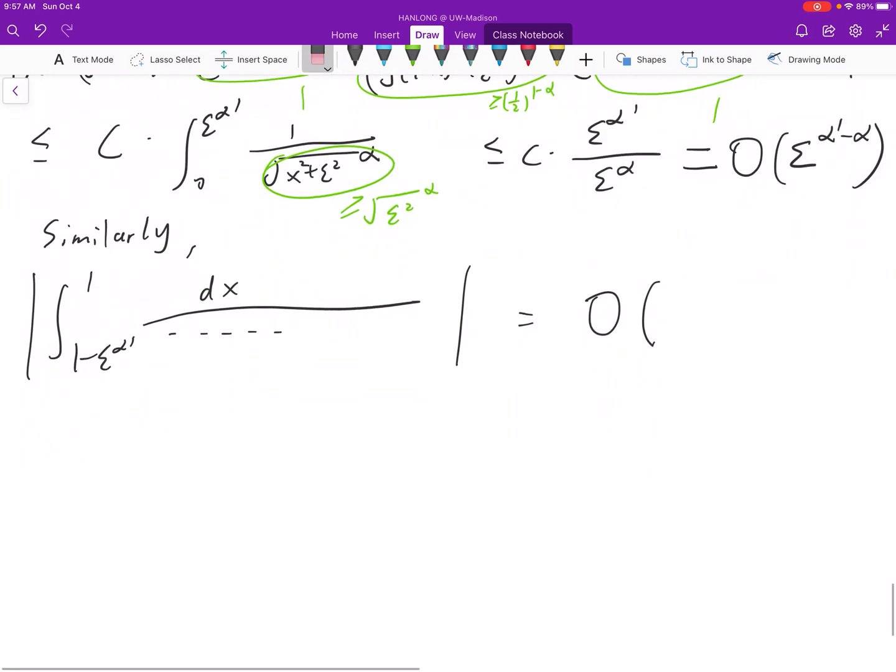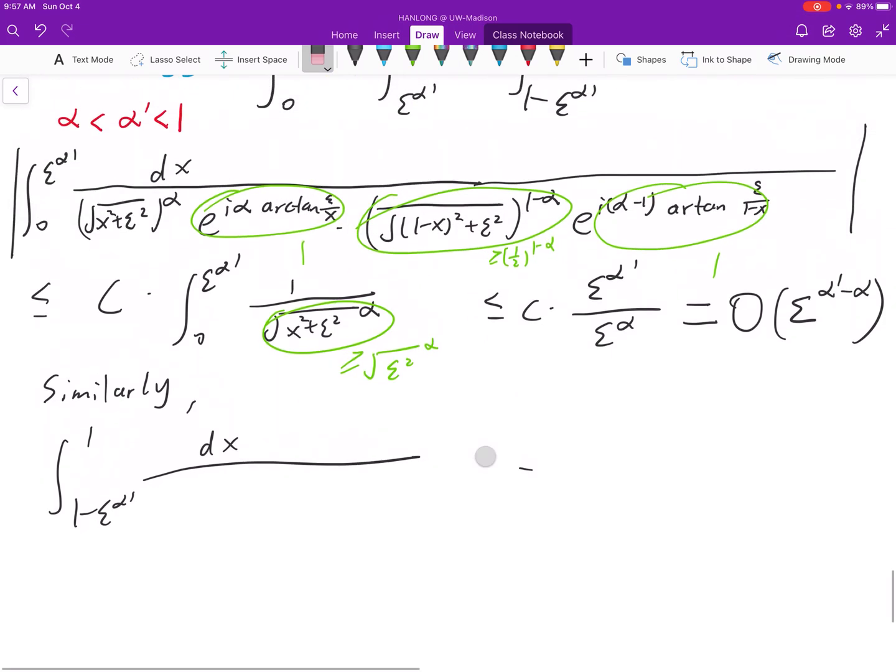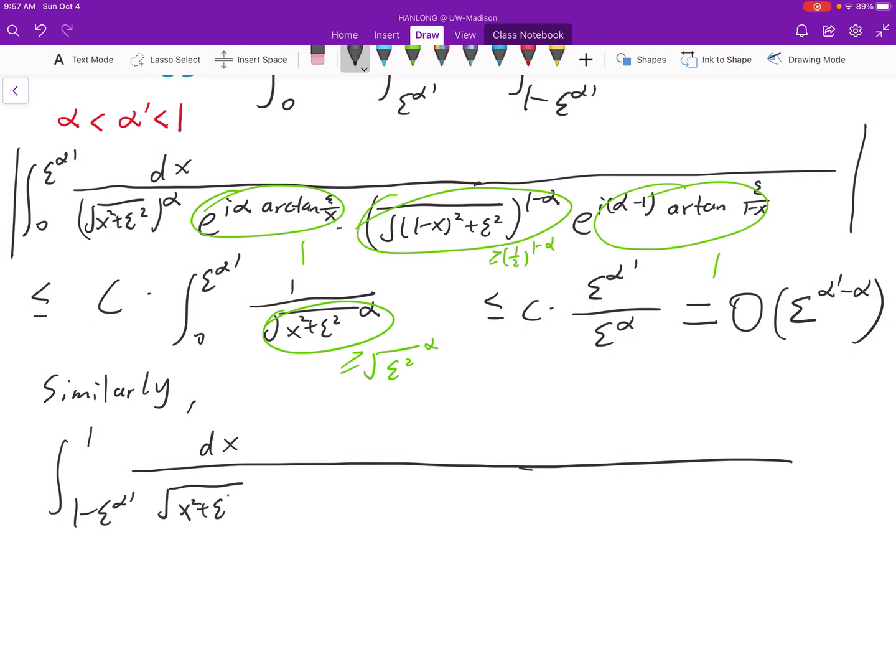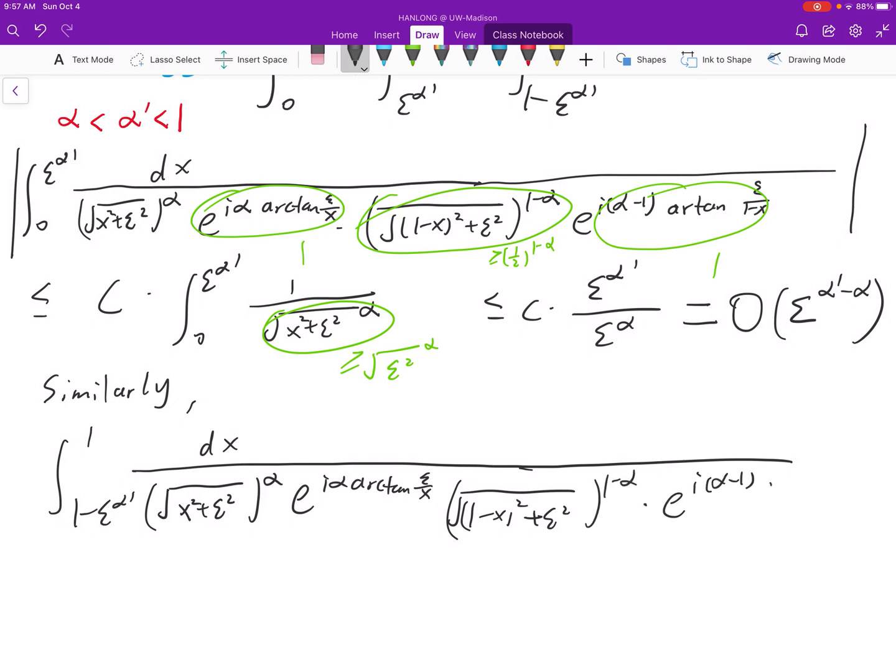Okay, let me go step by step: x squared plus epsilon squared to the alpha's power, exponential i alpha arctangent epsilon over x, times square root of 1 minus x squared plus epsilon squared to the 1 minus alpha, exponential i alpha minus 1 arctangent epsilon over 1 minus x.